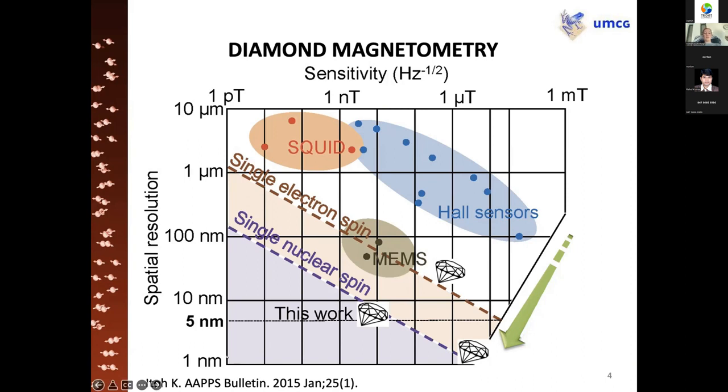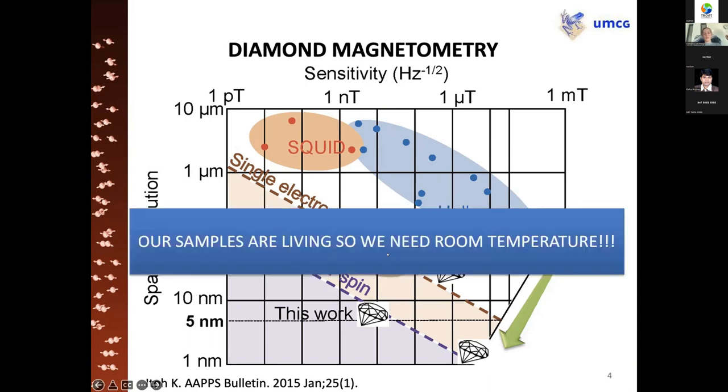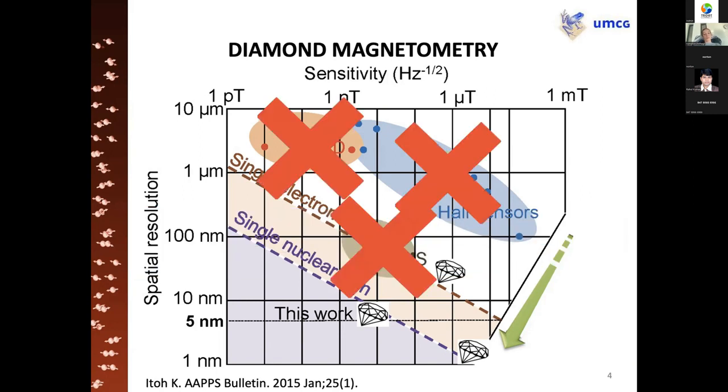Now there are a few techniques here that are very sensitive, like SQUIDs, for instance, and MEMS. But the problem is that my samples are live and they are at room temperature and they are in liquid. So most of these techniques just don't work. For SQUIDs, you need superconducting, very low temperature to achieve this SQUID effect.